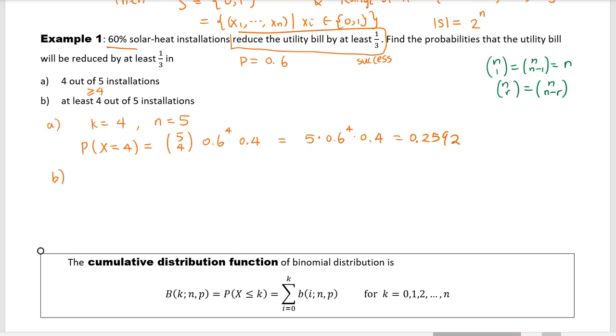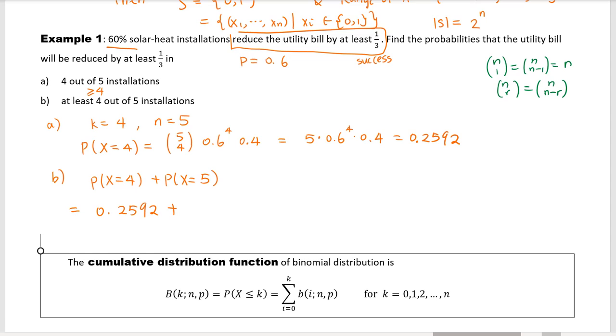Well, this means it could be 4 installations or it could be 5 installations, right? So for 4 installations, we already figured out from part A this is 0.2592. Now 5 successes out of 5 installations.